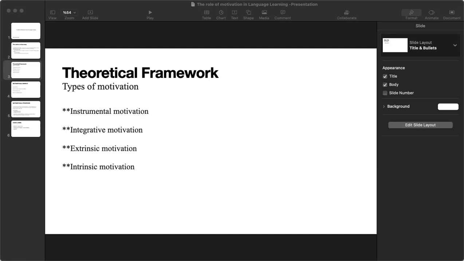In other words, integrative motivation refers to how a learner adapts to or integrates himself or herself into the culture of the target language, while the instrumental motivation is about professional or academic goals.